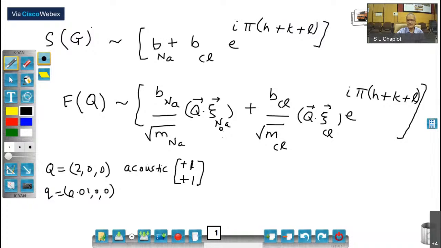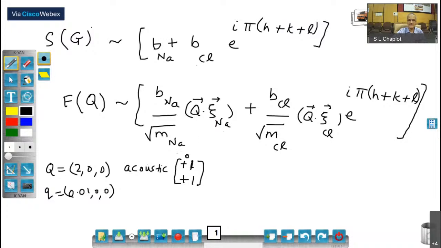Both are equal. So for this case, these two terms become similar, and the only change compared to the Bragg case is the mass term here, but otherwise the phase is similar.